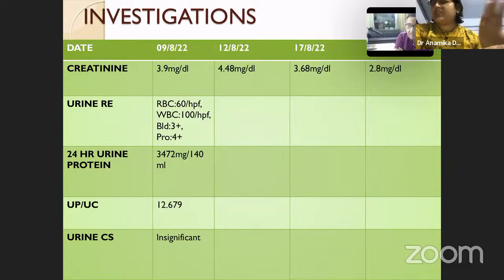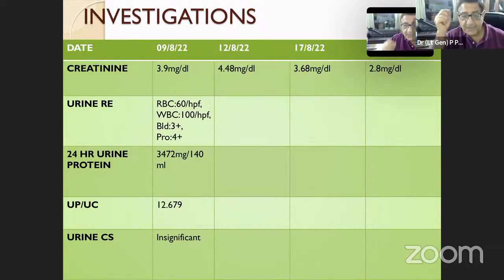And once her urine output improved to more than 1 liter, we repeated the 24-hour urine protein, which was 3.8 grams in 1.2 liter urine output.